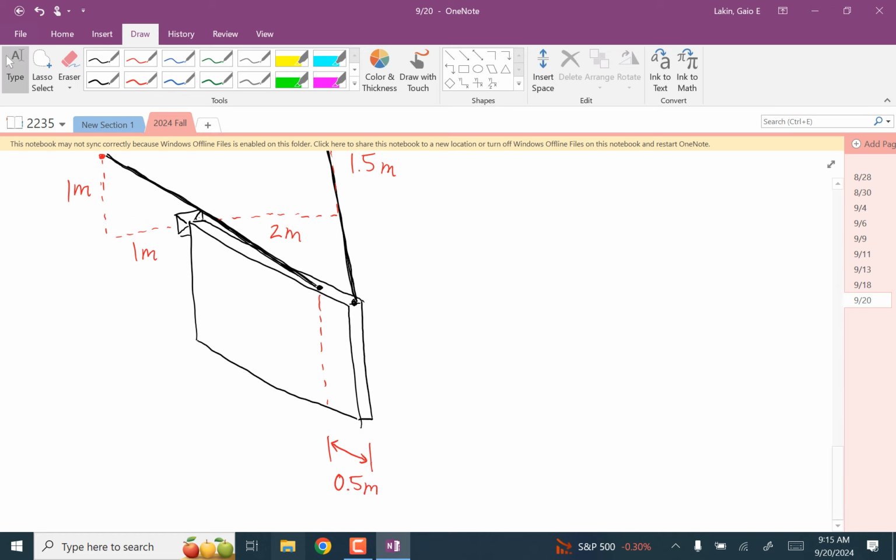And this length is 2 meters. And this length is 1 meter. And we want to know, what are the cable tensions?